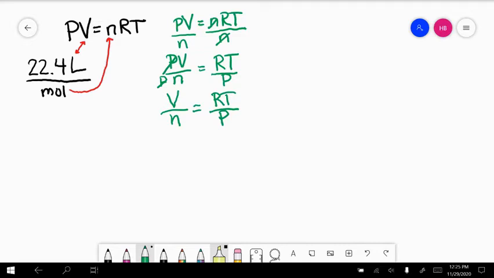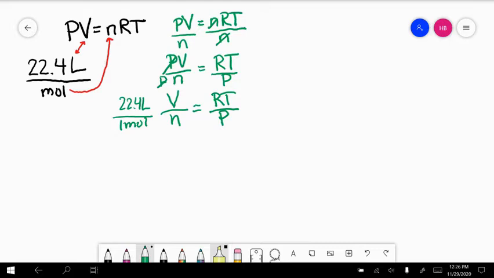Let's read this rearranged equation and see what it says to us. The volume of a particular gas, 22.4 liters in 1 mole, means that when the temperature and the pressure are the same for any gas, the volume is the same for the number of moles.